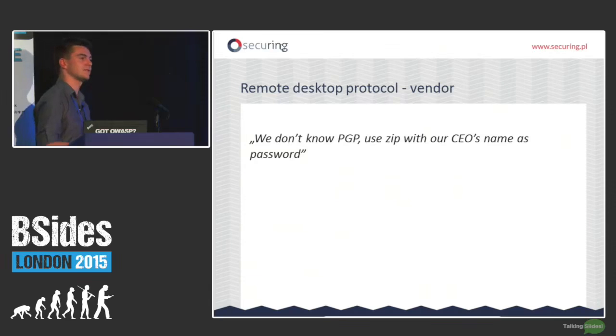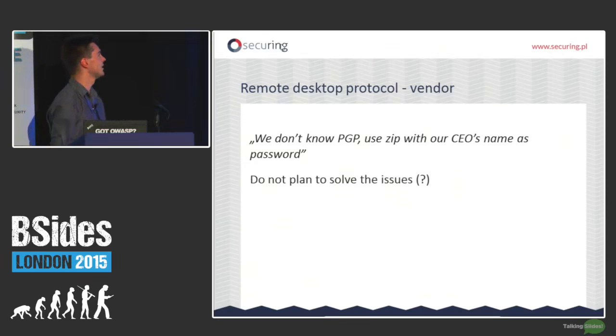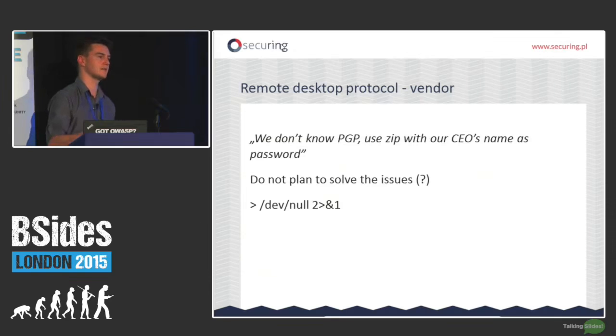Finally, after about 1 month of phone calls, emails, and so on, we achieved a proper encrypted channel. And they responded, sorry, we do not plan to solve these issues. They completely ignored our emails. They said that they've got so many clients that updating all this for their customers would be impossible.